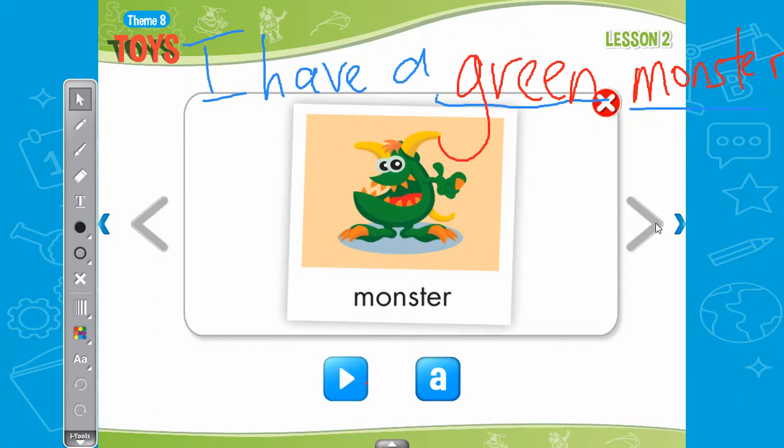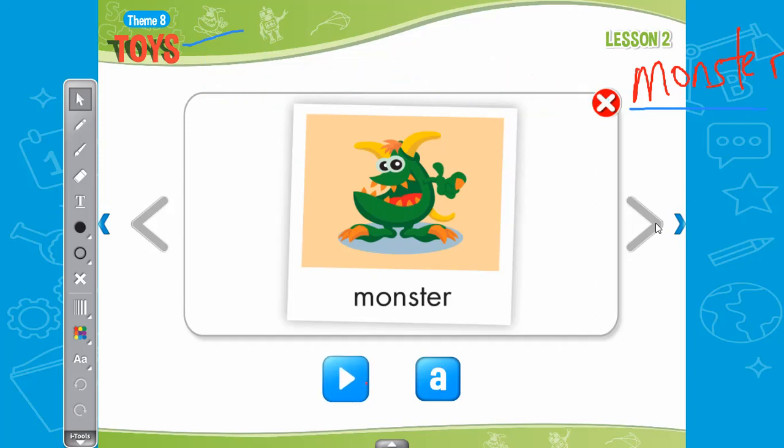Okay? So do you understand? It's all about looking at what we have and then describing what we have with what it looks like. The monster, it's green. So you say, I have a green monster.